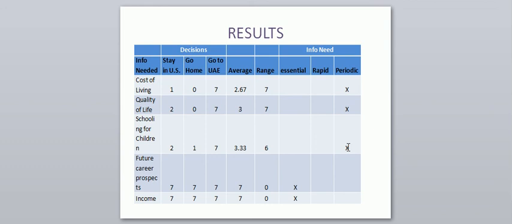As for both the future career prospects and income, the range is 0, very low, and the average is high, which is 7, then this information is essential and should be collected immediately. Hence, I should proactively collect information on the latter two and collect information periodically when needed on the first 3 categories.